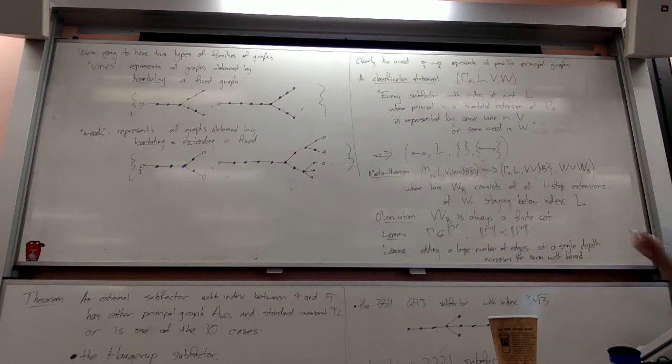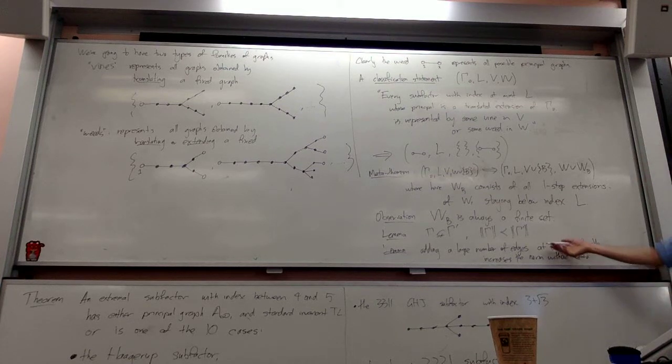Essentially just because if in your entire graph you have anywhere in it a single vertex of high valence, the norm of the graph is at least the square root of that valence. And so if you're trying to think about graphs that stay below some norm limit, there's just some limit to the number of new edges you can add in the next depth before you push some vertex up to too high a valence, and the norm becomes greater than the Snapper value. So that's the proof of this observation, that these one-step extensions are actually finite sets.